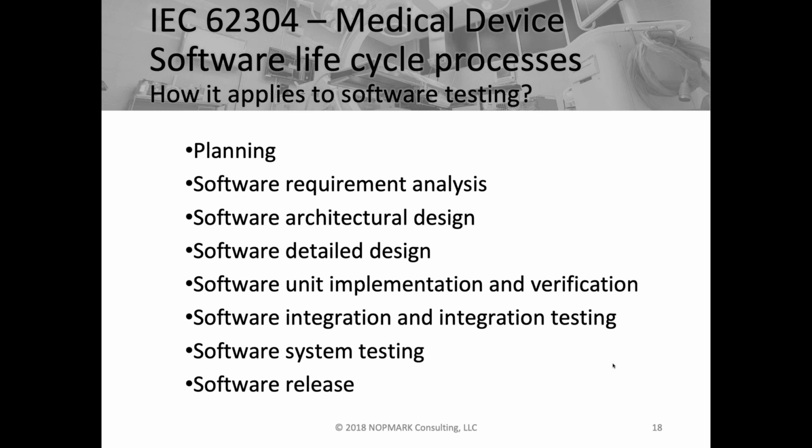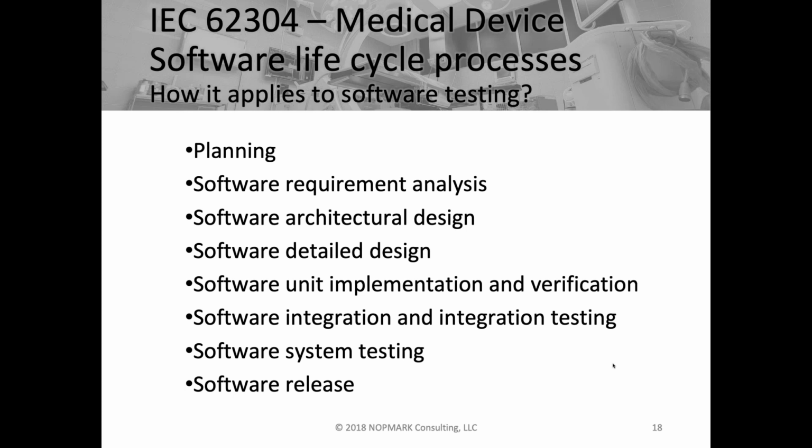The standard does require you to create a detailed design of the software. And similar to architecture, if you're in the high risk C category, the parts of your software that are at high risk, you have to trace to it and create tests for that design. The more traditional aspects that you're familiar with are your unit testing, integration testing, and system testing.